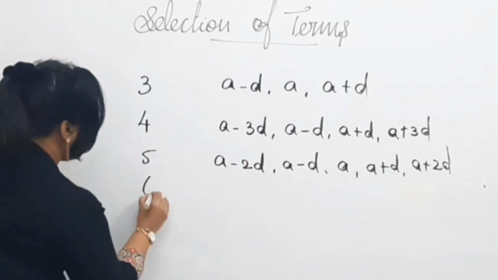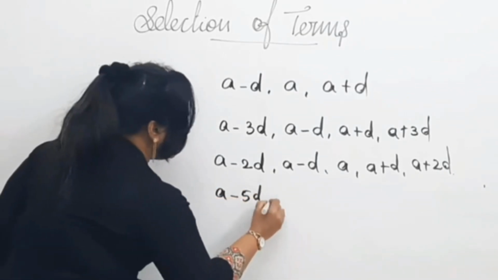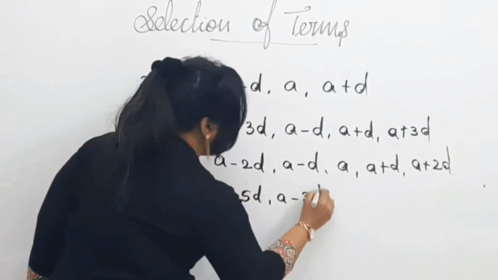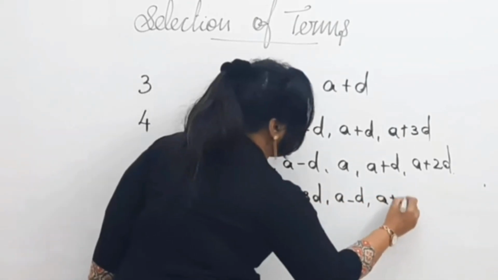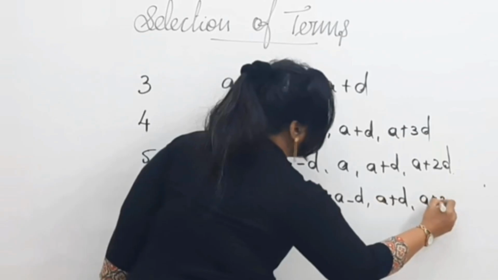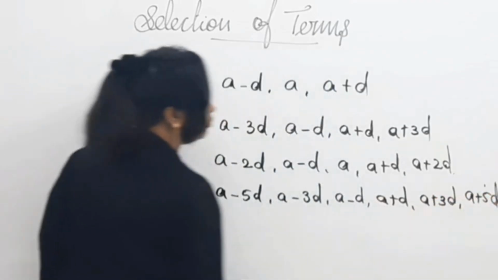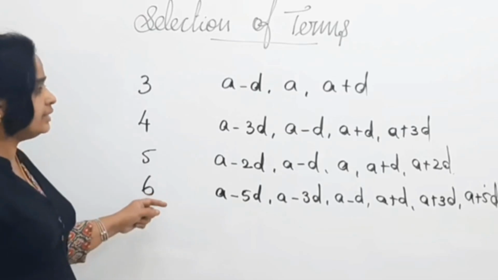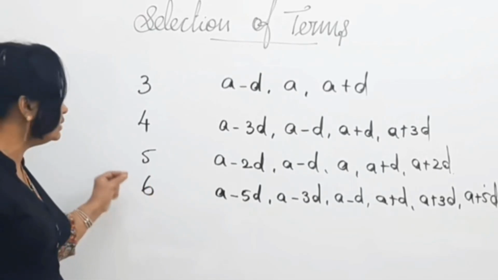And similarly, if asked 6 terms, then a minus 5d, a minus 3d, a minus d, a plus d, a plus 3d, and then a plus 5d. So these are the terms you will take into consideration when the number of terms asked is 6.